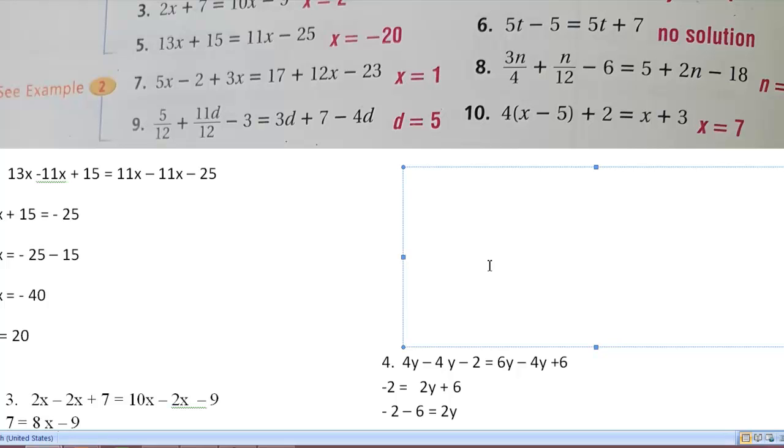This is question 6. Okay. I have here the original 5t. Then I will subtract from it 5t.